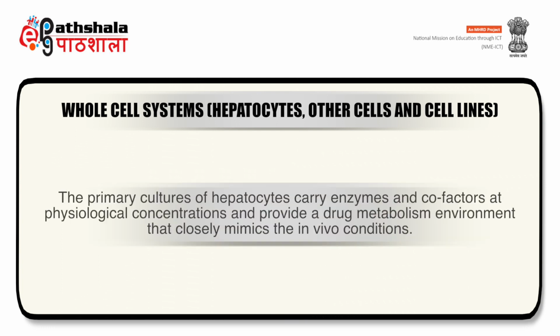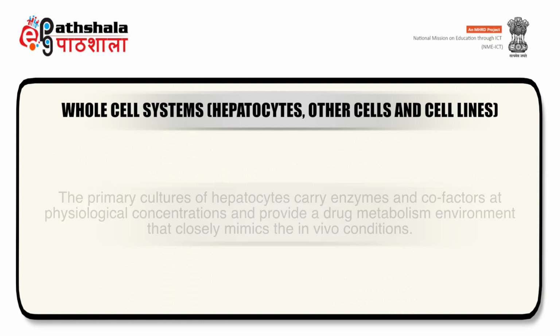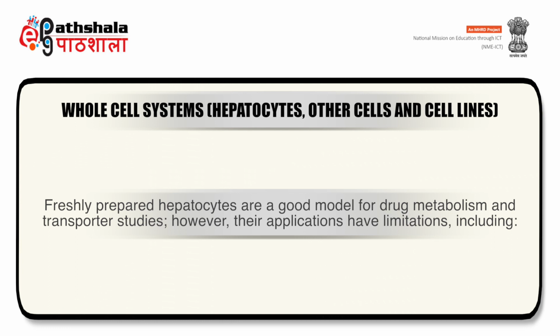The primary cultures of hepatocytes carry enzymes and cofactors at physiological concentration and provide a drug metabolism environment that closely mimics the in vivo condition. Freshly prepared hepatocytes are a good model for drug metabolism and transporter studies.